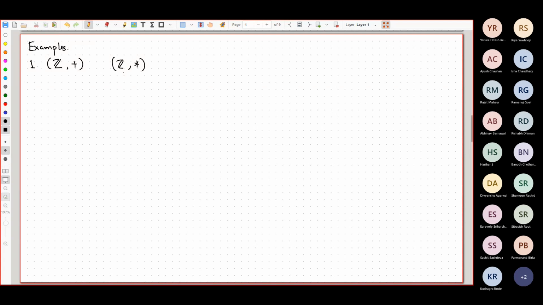Any objections against this? Yeah, Divyanshu? So I think we would have to claim that for addition, the identity would have to be 0. Correct.